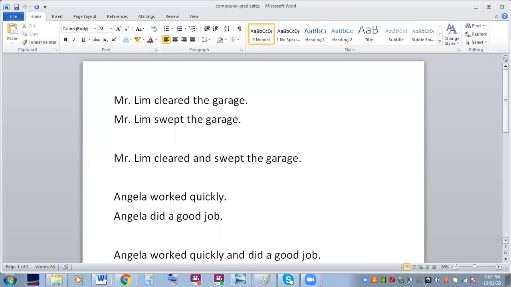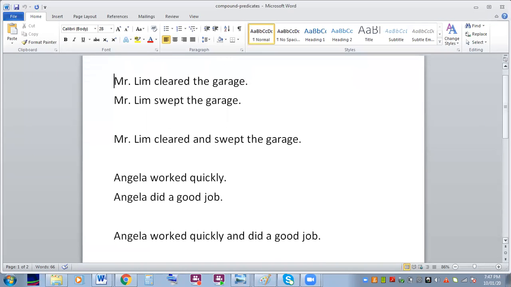Now, my first example is Mr. Lim cleared the garage. Notice that the subject in my sentence, Mr. Lim, is also the subject in my second sentence. They have the same subject. Same subject, okay? So the first thing that Mr. Lim did is he cleared.